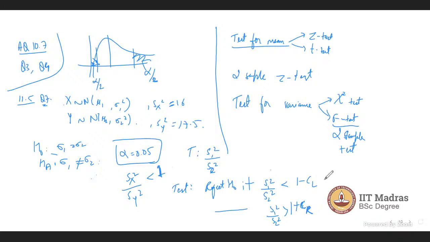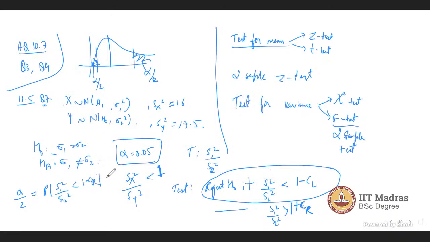So I can just go through the first test, that is, reject H0 if S1 square upon S2 square is less than 1 minus CL. So alpha upon 2 is equal to the probability of rejecting H0, that is, S1 square upon S2 square is less than 1 minus CL, given H0 is true. And you can just solve it.